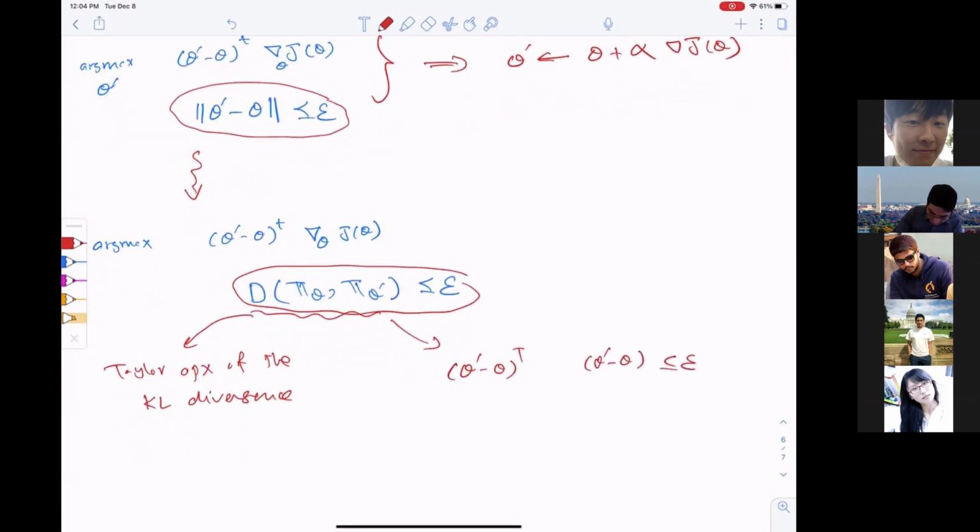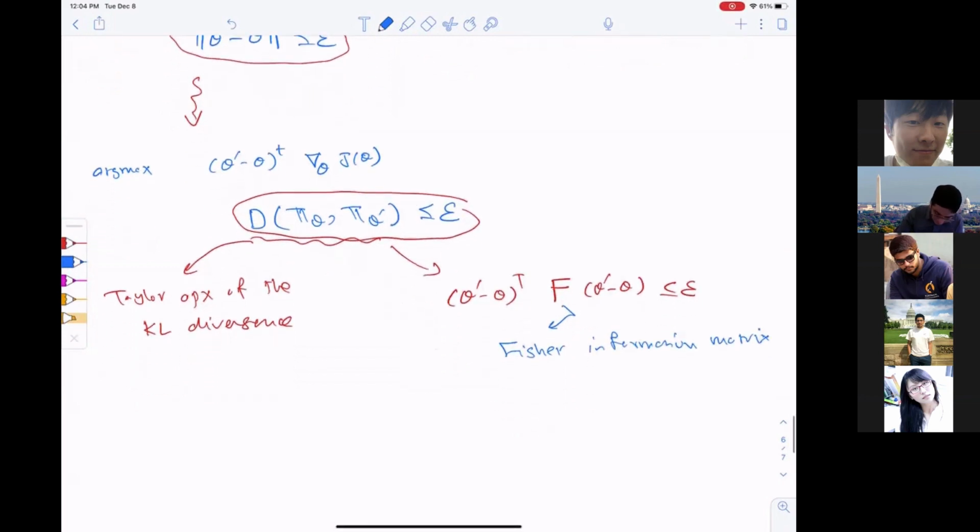If I didn't have any matrix here, it would be the same as my L2 constraint from before. But here I'm going to have a matrix called the Fisher information matrix. And this matrix can be estimated using the samples that we generate. So this is called natural policy gradient.